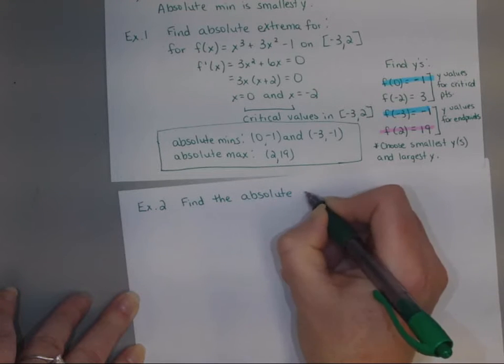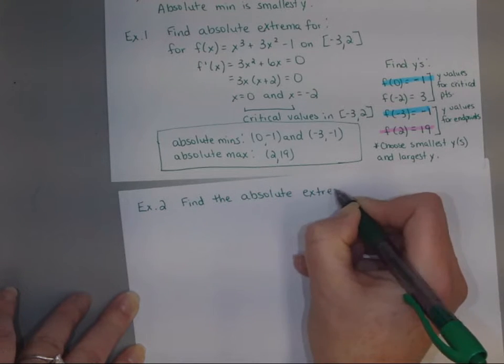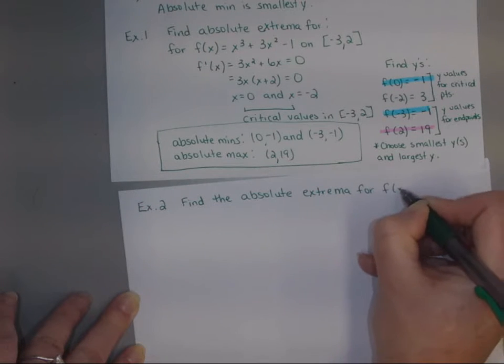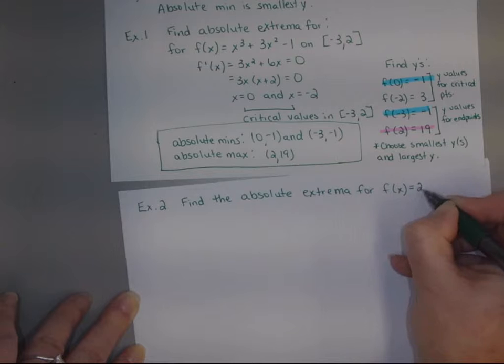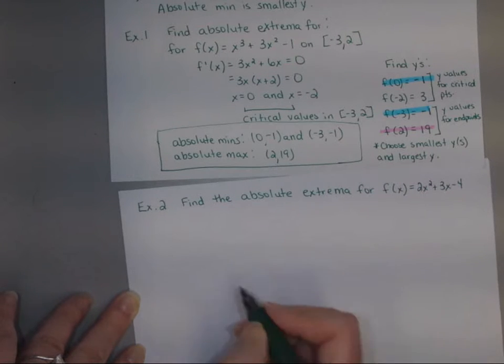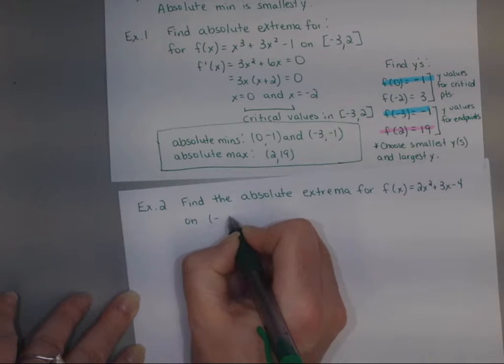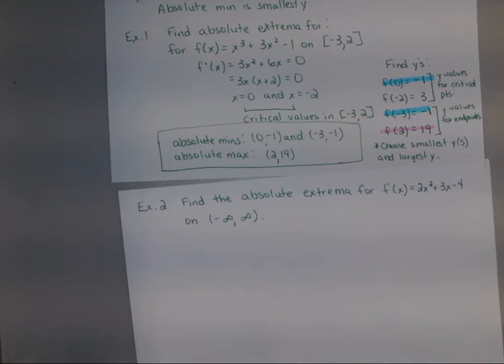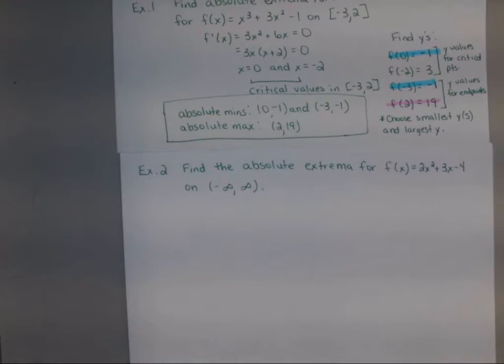So find the absolute extrema for f of x equals 2x squared plus 3x minus 4 on the interval from negative infinity to infinity. You might see the question tell you that, hey, we're going to include the whole domain, or it might not say anything. If it doesn't list an interval, then we're just assuming it's over the whole graph.